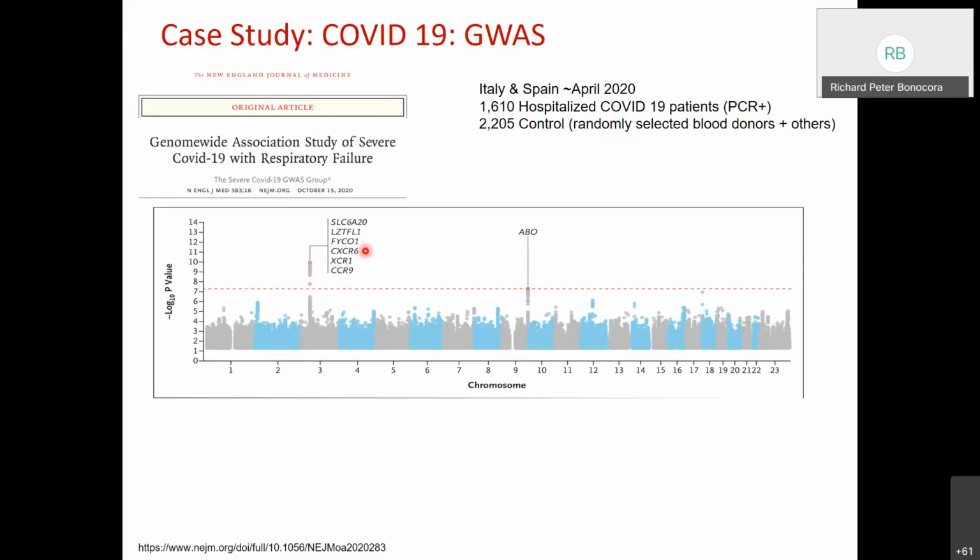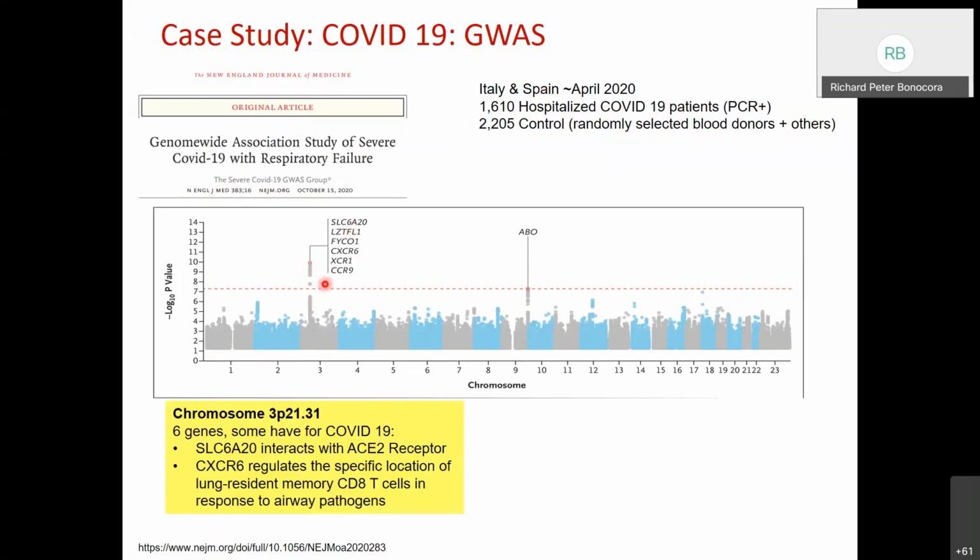What's going on here is this region, which is on chromosome 3. You may remember the naming of different regions on chromosomes. This would be a section on the petite arm of chromosome 3, 21.31, so it tells you where this is located on the chromosome. In this region there are 6 genes, some of which have an association with COVID-19.